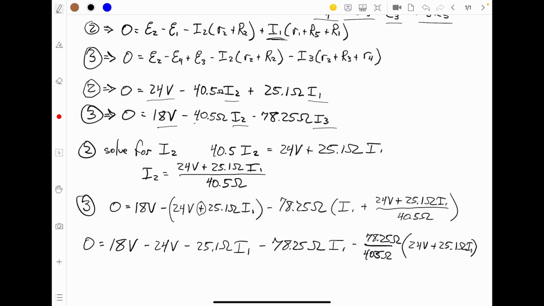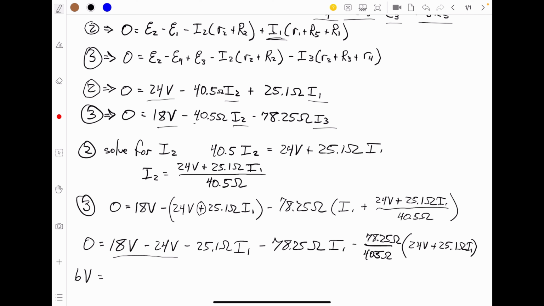So we're getting better. We're getting there. We're doing a little bit better. These two guys are going to end up giving us negative 6 volts on this side of the equation. So what if we wrote 6 volts on the other side of the equation? I don't know, just to do it.